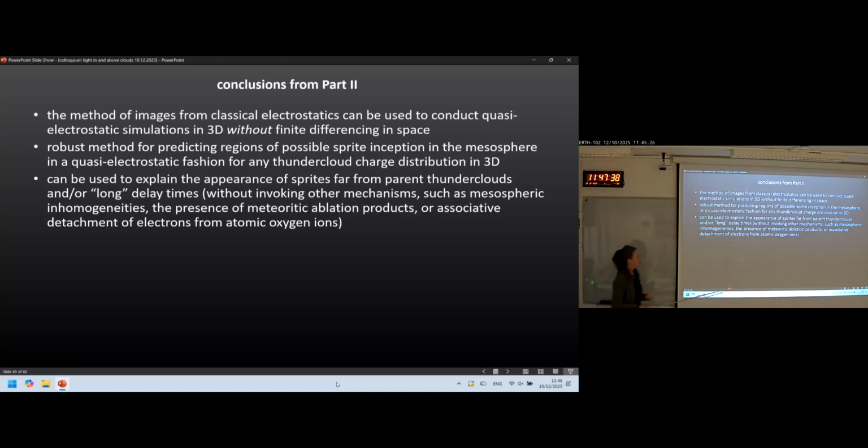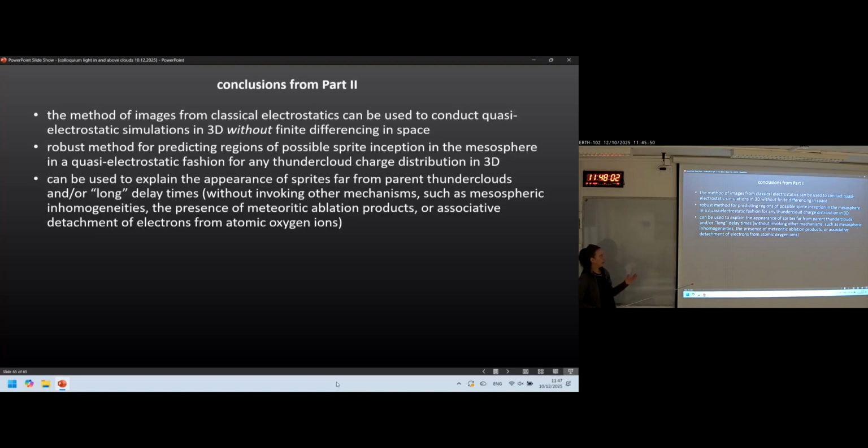Any thundercloud charge distribution can be described fully in 3 dimensions. And we can use this to explain all kinds of interesting phenomena: the appearance of sprites that are quite far from the parent thunderclouds, and long delay times between the parent thunderstorm and the appearance of the sprite.